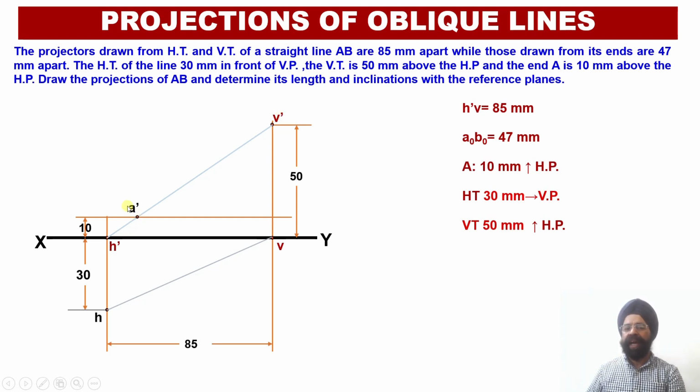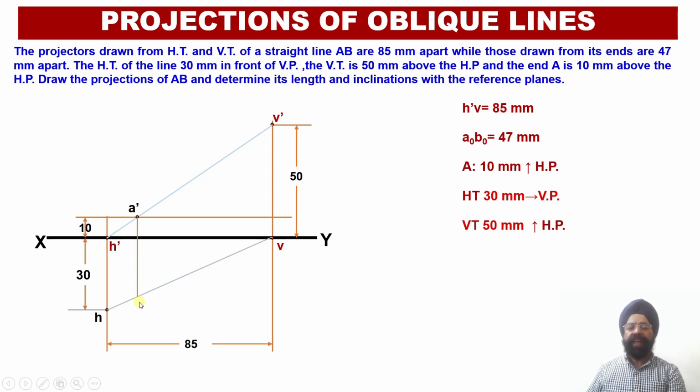So I know that points A dash and A will be falling in one vertical projector line only. Wherever I have marked this point A dash, that is 10 millimeter above the horizontal plane, onto this same vertical projector line I should be able to locate the point A over here. So A dash has been located over here.